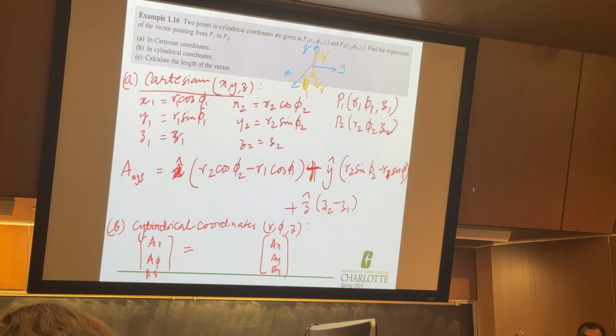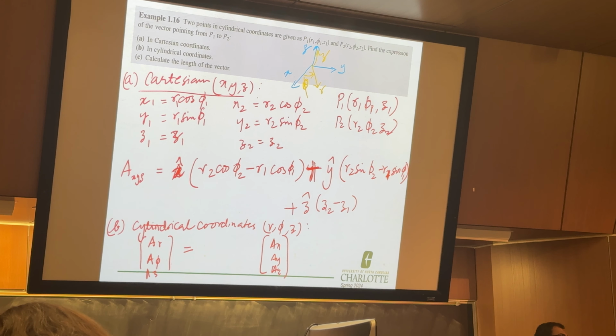Now remember those transformation matrices to go from X, Y, Z to cylindrical and vice versa. If you go back to the course notes, this matrix looks like this: cosine phi, sine phi, 0, minus sine phi, cosine phi, 0, and then 0, 0, 1.